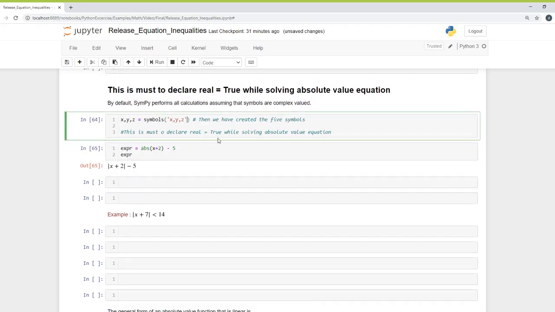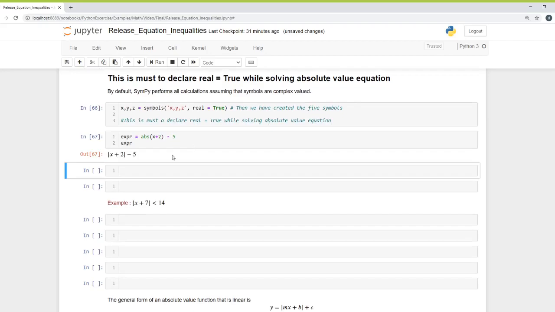It will create an error. So we set real is equal to true. The absolute value of x plus 2, minus 5, equal to 0. Next, solve this expression. Solve expr.